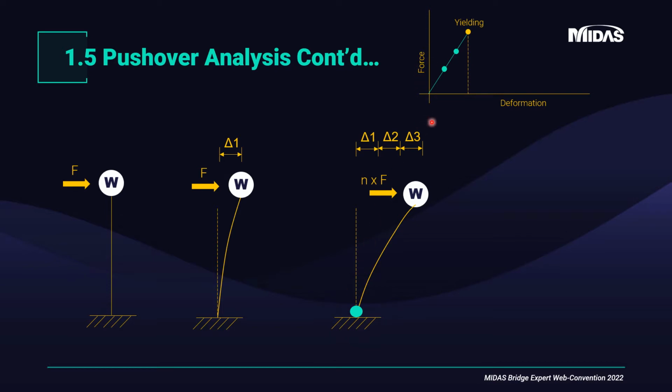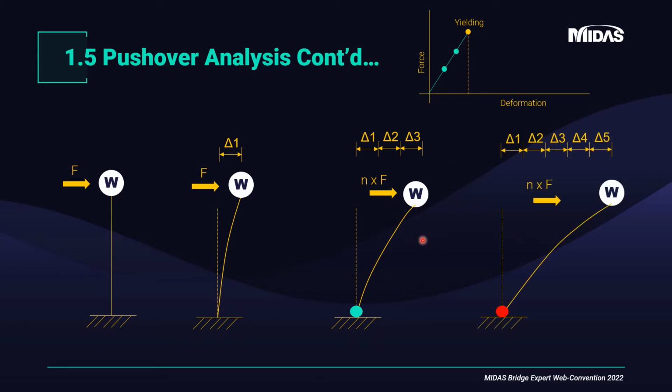So if you plot the force versus deformation curve, then you have the yielding point. For a given lateral load, then we can see an enormous increase in the deformations till we reach the collapse.